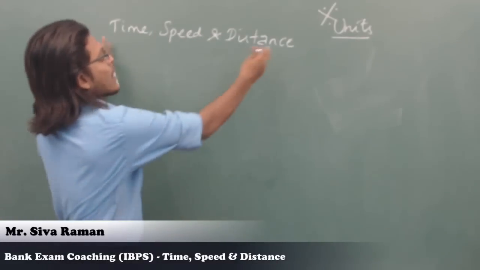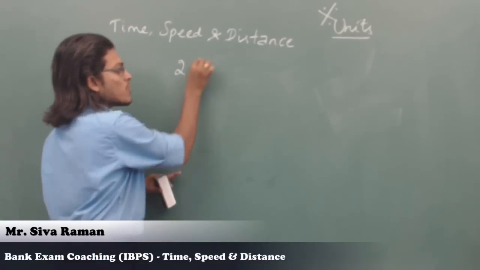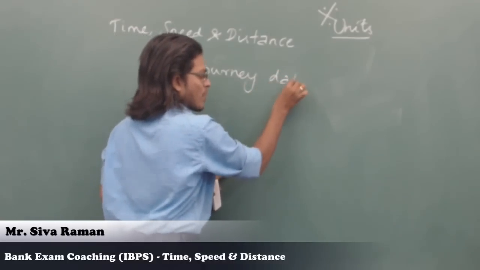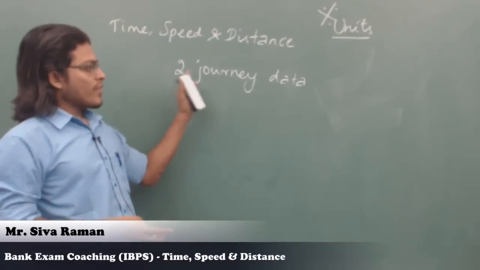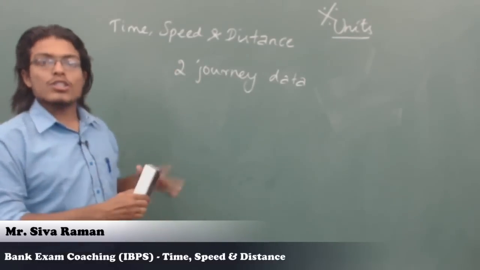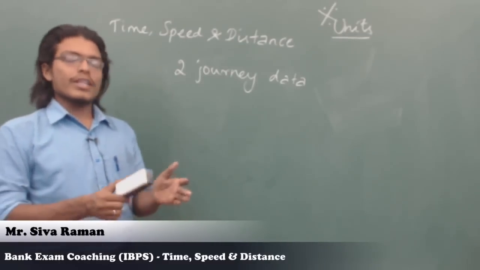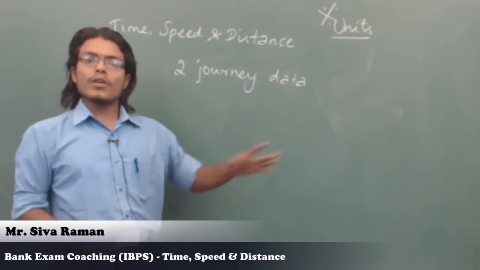For example, in the common type of time, speed and distance problem, you will be given two different journey data. Of time, speed and distance, two of them will differ and one will be constant. For example, in the morning, you are going from your home to office on your bike.